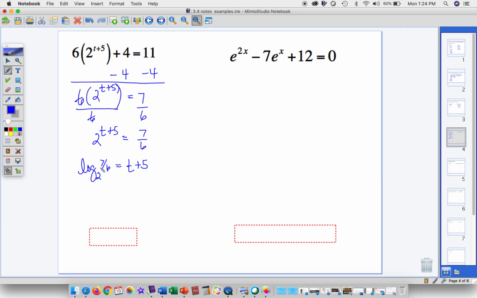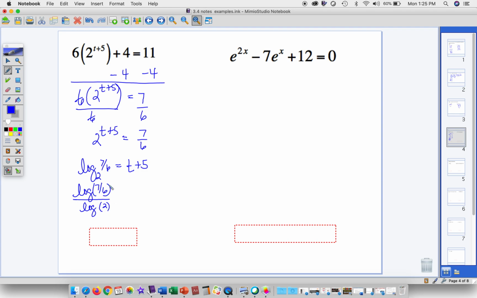So depending on your calculator, if you have the ability to take the log of any base, you would do log base 2 of 7/6. If your calculator is older like mine, I don't have that feature, so I have to use the change of base formula. So I'm going to take the log of 7/6 divided by the log of 2. And just make sure you have your parentheses there.